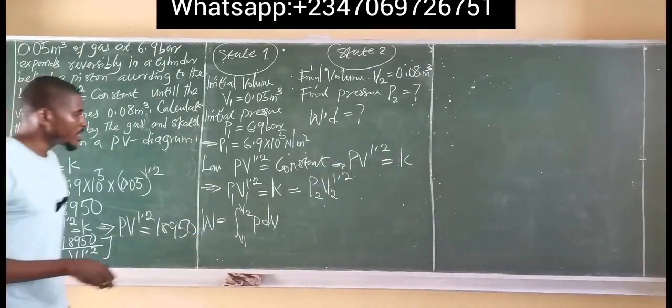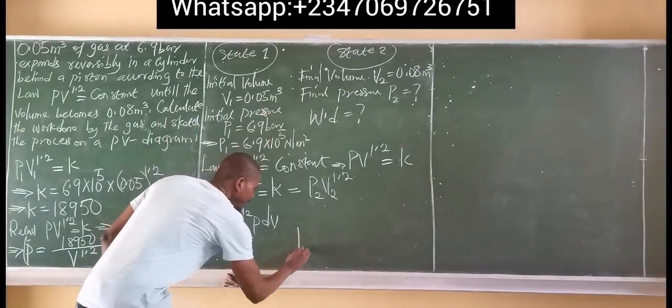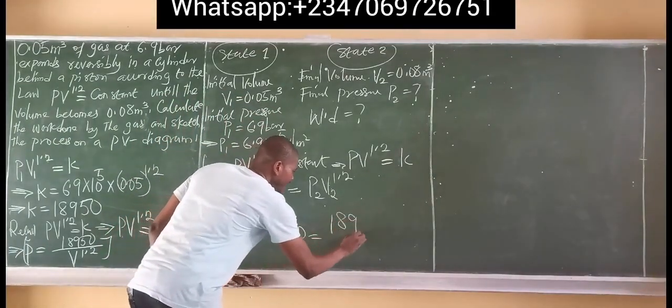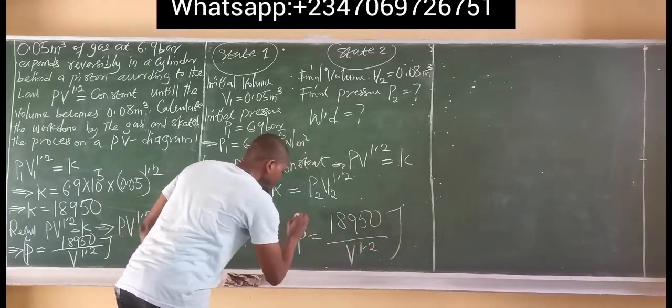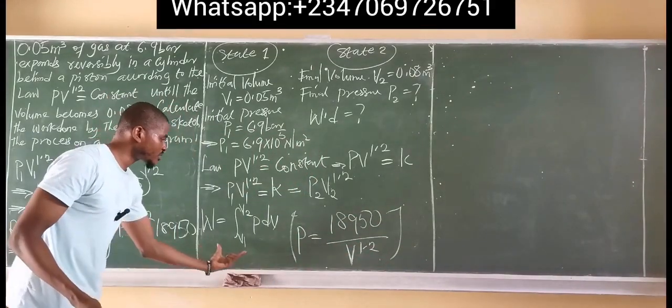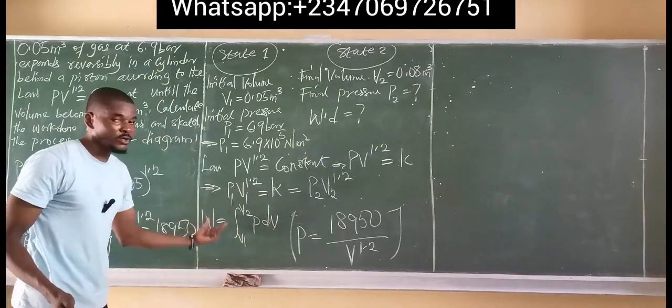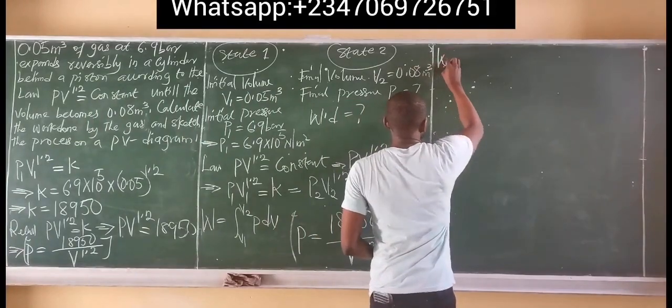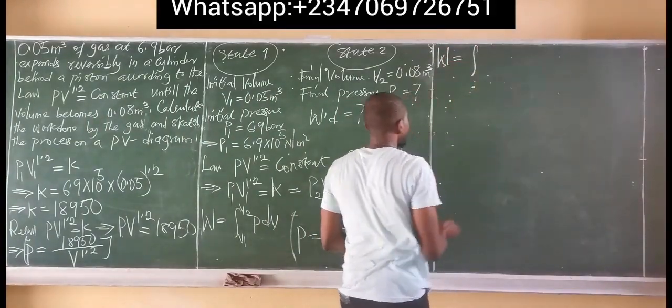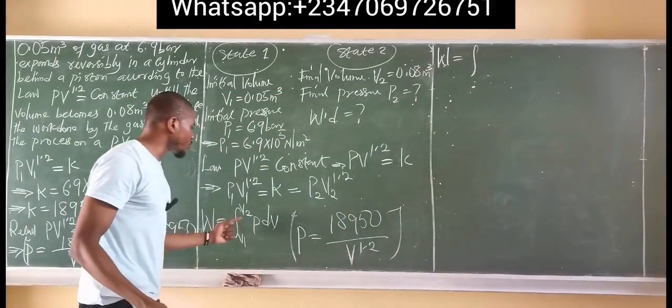So we know the value of P now. P now is given as 18950 all over V to the power of 1.2. This becomes our pressure. Then we can now substitute into the equation for the work done. So work done is equal to the integral from V1 to V2.